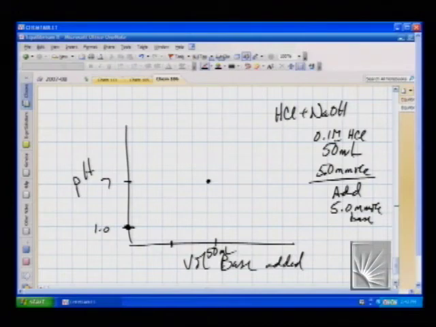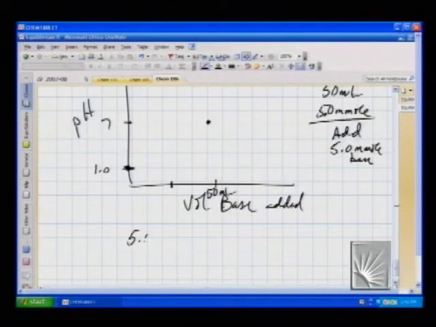At the half equivalence point, how much of the HCl have I neutralized? Half of it. So what do I still have left? Well, I started with 5 millimoles. I've neutralized half of it. So I still have 2.5 millimoles of H plus, right?